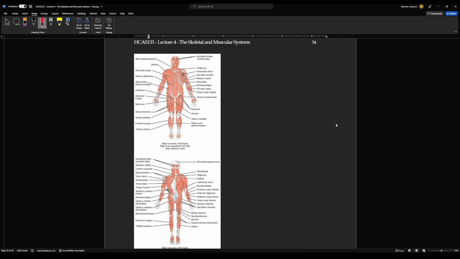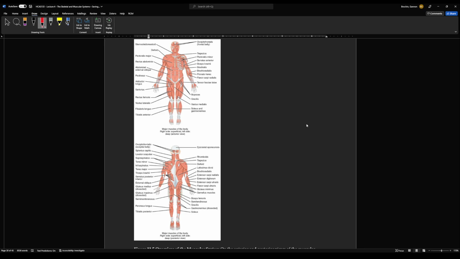So again, I'm not going to spend much time talking about the details of all of these muscles, but it's important to remember that there are a lot of muscles in the body. They all have their own origins and insertions. Another way to think about origin versus insertion is the origin generally will be talked about as the attachment point closest to the center of mass, while the insertion typically is taught as the attachment furthest from the center of mass.